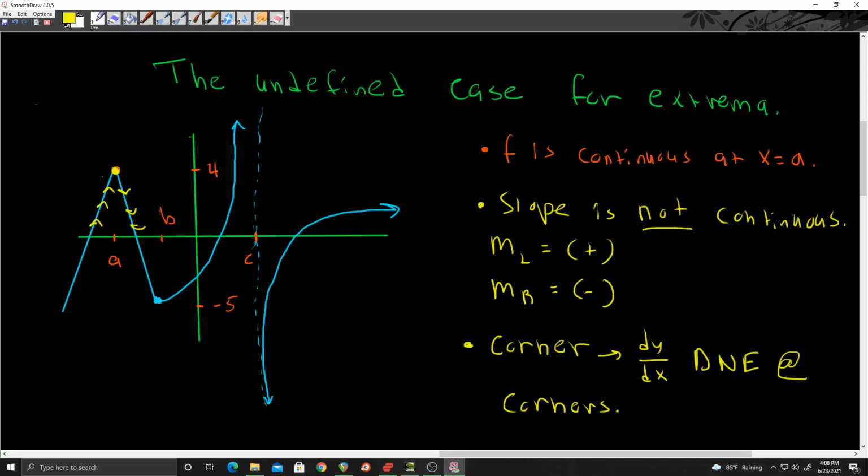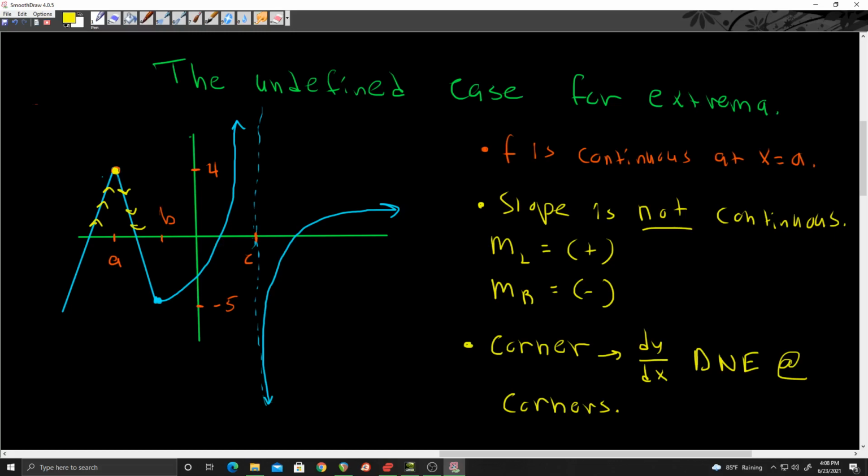The slope jumped from like positive whatever. It looks like it's about like positive 2 or something. It jumped straight from positive to negative. It did not smoothly, continuously change from positive to negative. It instantly changed from positive to negative. One instant, the slope was positive whatever, and then the very next it was negative whatever. And that's what gives rise to this little corner here.